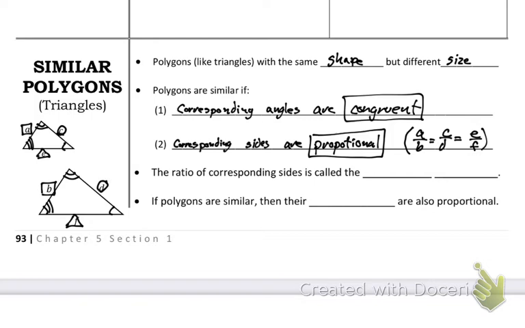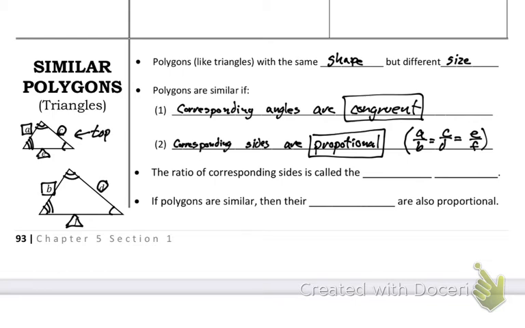Another thing that's going to help you when dealing with similar triangles is notice how A, C, and E all come from one triangle, and B, D, and F come from the other triangle. It might not make sense now, but when we get to the problems, I'm going to start labeling one of the triangles as top.